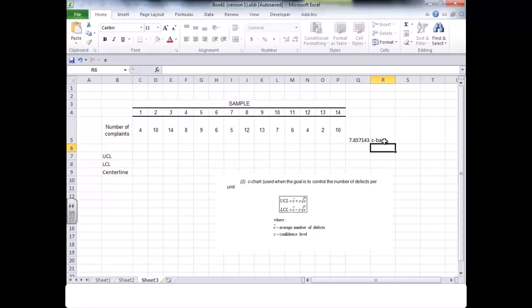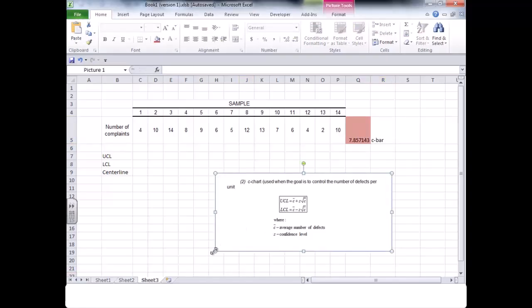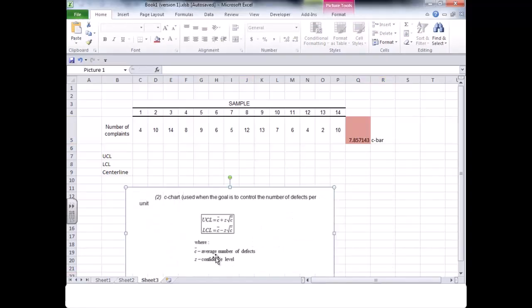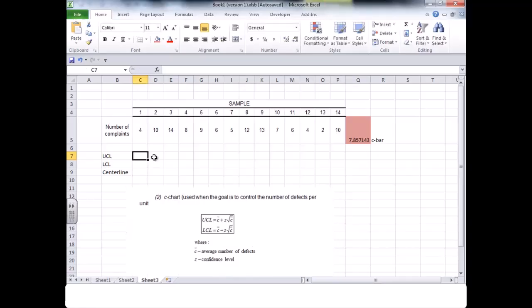Next, we convert this formula into an Excel formula: equals C bar, which is this, F4, plus the sigma limits that they want us to construct, which is 3.